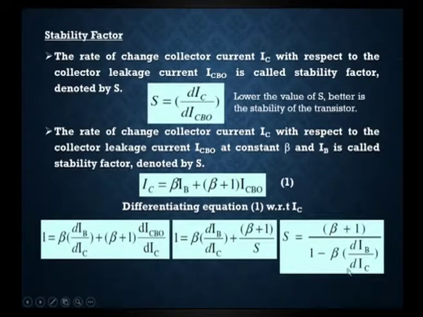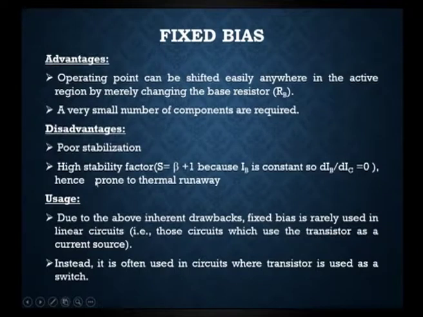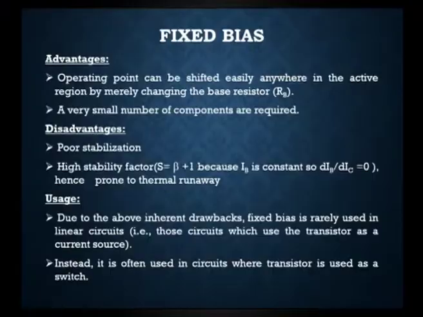So beta plus 1 is the stability factor when we are using the fixed bias circuit. This leads to a high stability factor, which we should not expect. The stability factor should always be lower for better stabilization, but here it is higher, so it is prone to thermal runaway.